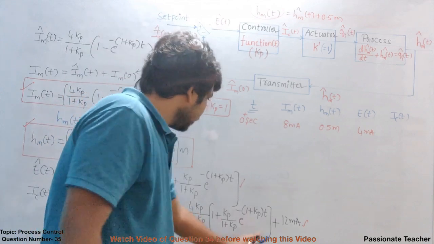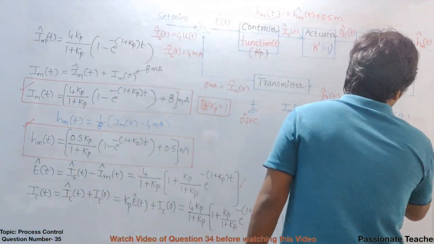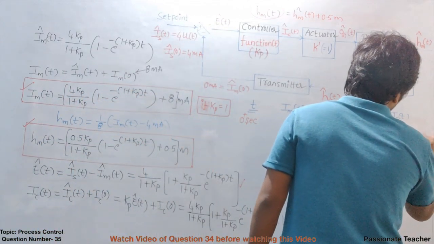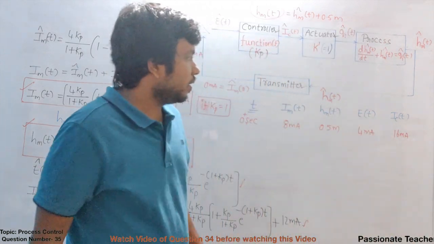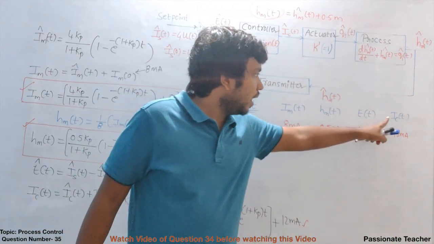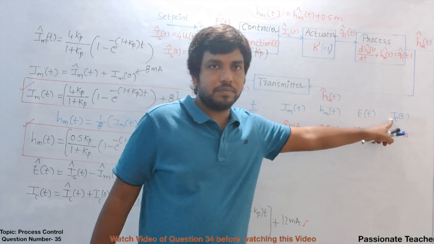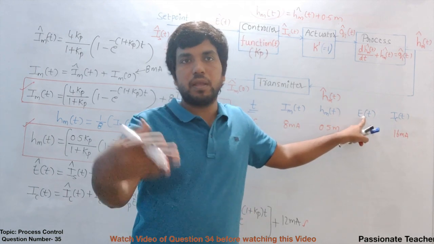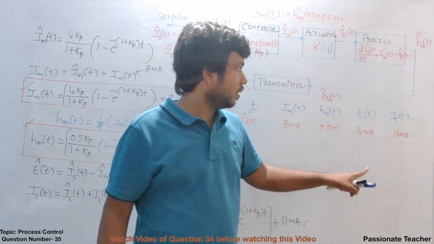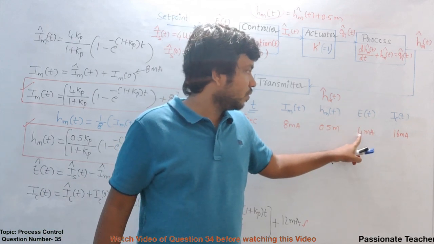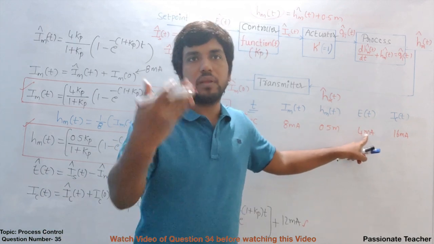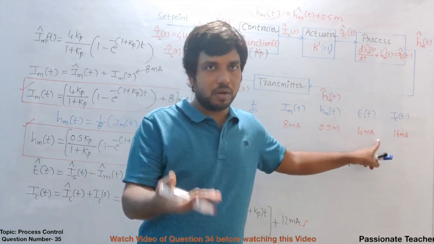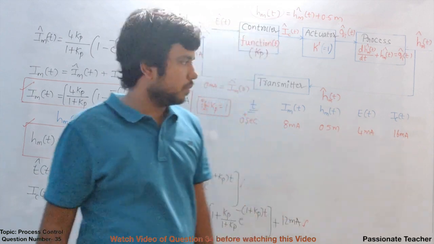If you solve all these things, you will be able to get 16 milliampere. Clear? Because it's quite easy. IC(0+) is equal to Kp into error plus the initial bias of the controller. Kp is 1 into 4 milliampere plus the initial 12 milliamperes of the controller output. Totally it will become 16 milliampere.